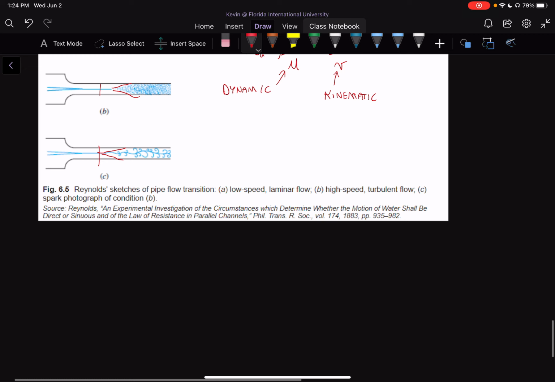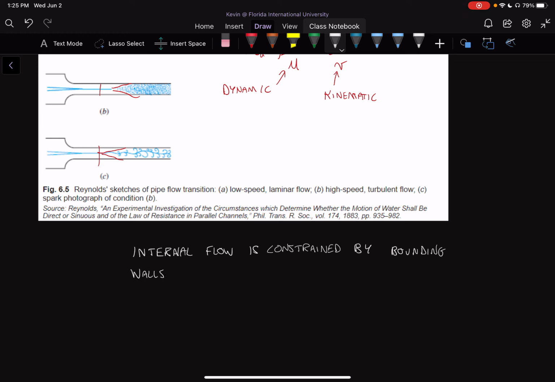So we can say that internal flow is constrained by bounding walls and viscosity effects grow and meet through the flow.